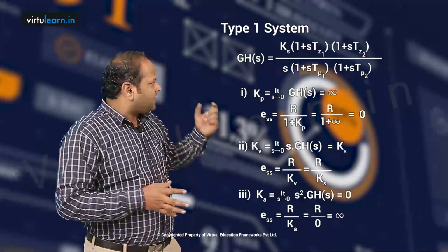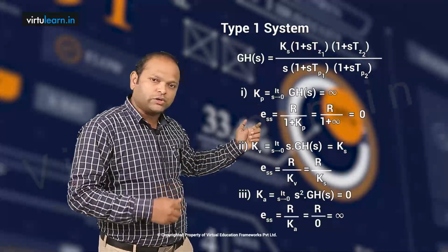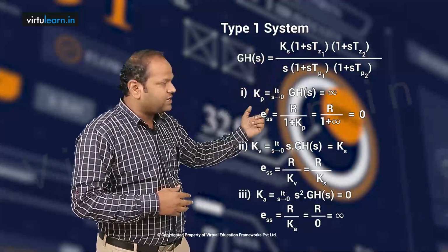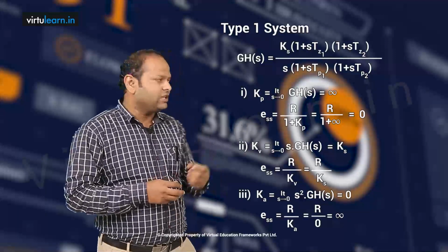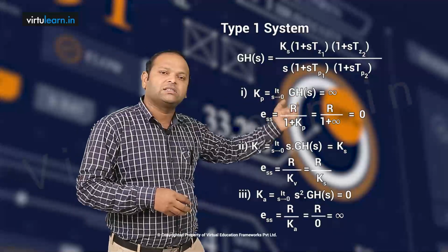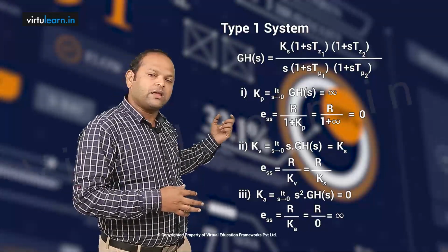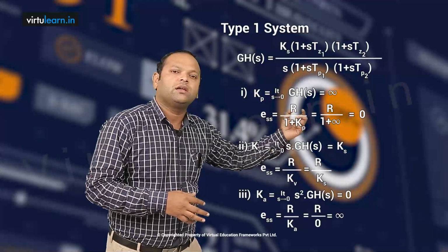The second is the velocity error constant, Kv equal to limit s tends to 0 of s into GH of s. You take GH of s for a type 1 system, you can cancel the s term, and it results in Ks. Therefore, Kv is equal to Ks, the DC gain. And what is the corresponding steady state error? ESS is equal to R by Kv, therefore R by Ks.